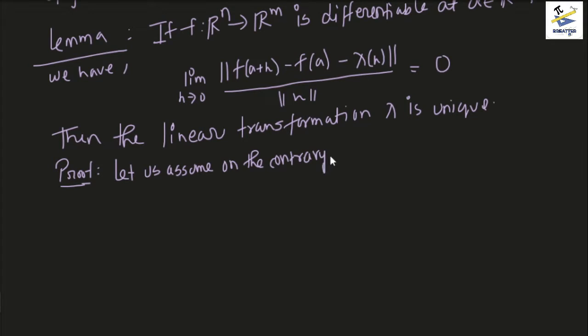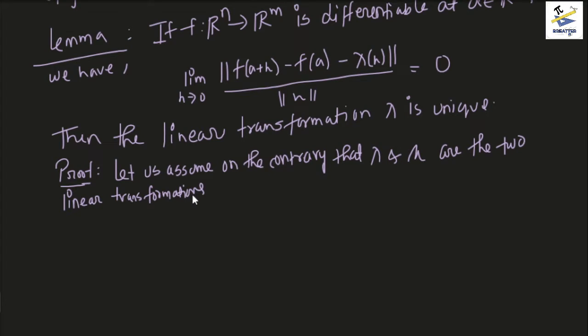Let us assume on the contrary that lambda and mu are two linear transformations that satisfy the limiting condition, and the domain and range of them would be R^n to R^m as well.